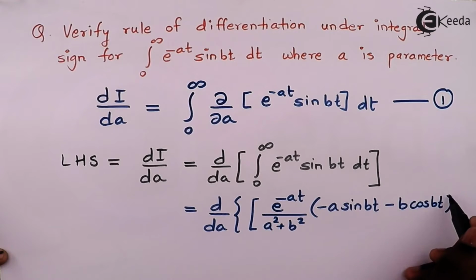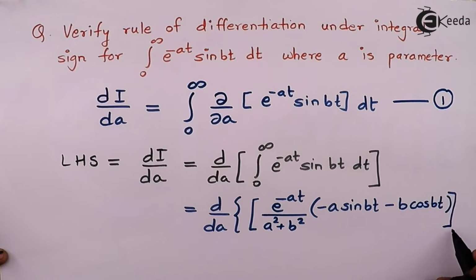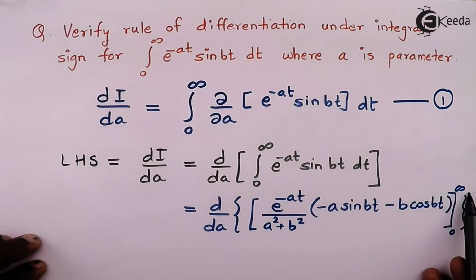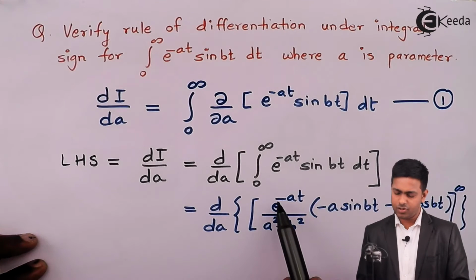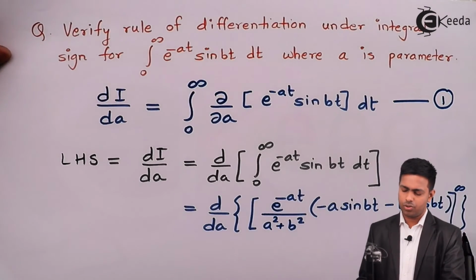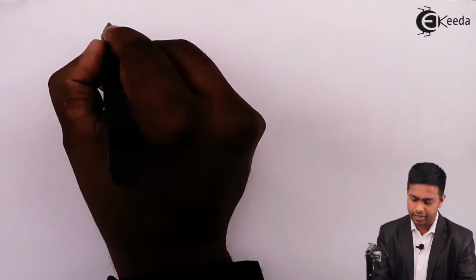This is the value, and it is from 0 to infinity. Now let's solve this. By putting t as infinity, we get e raised to minus infinity as 0, and next we will put 0.